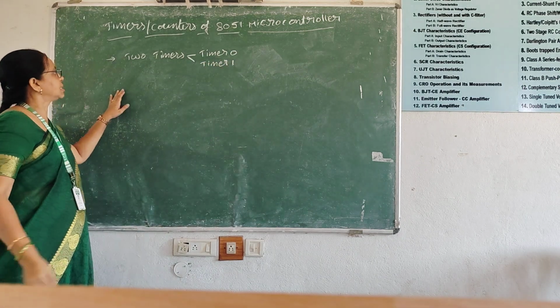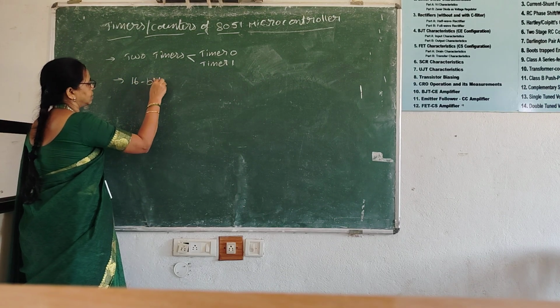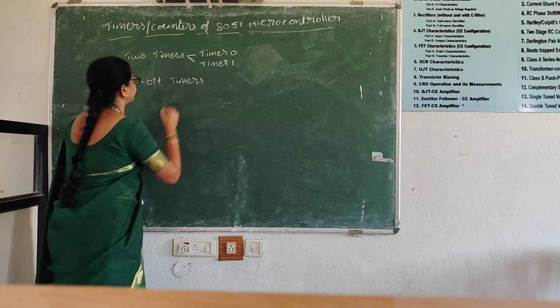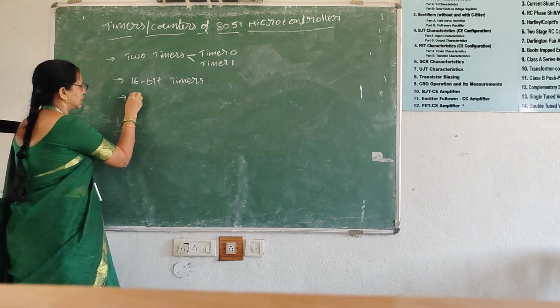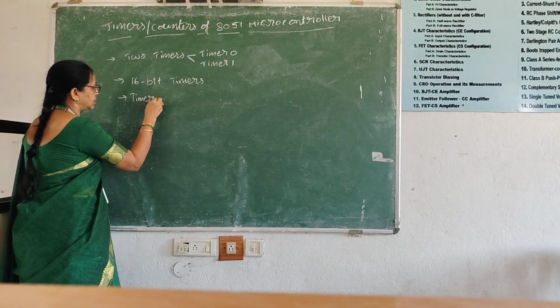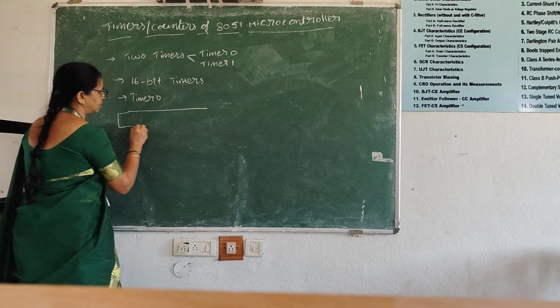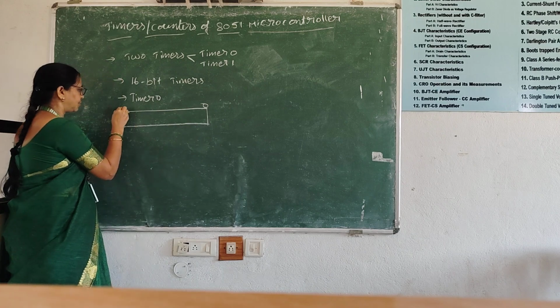These two timers are 16-bit timers. Let me discuss about timer 0. Timer 0 is a 16-bit register, bits 0 to 15.